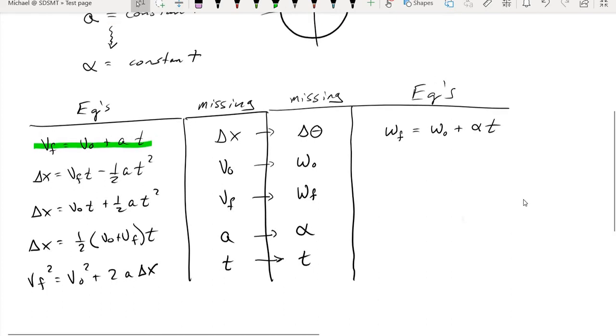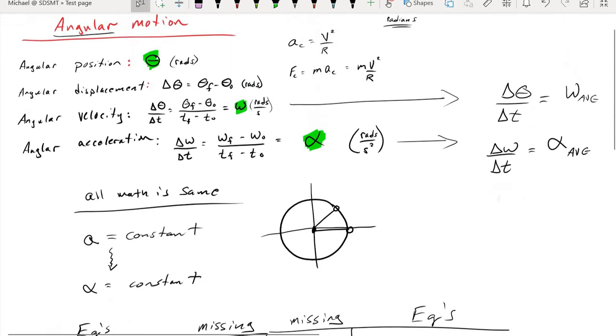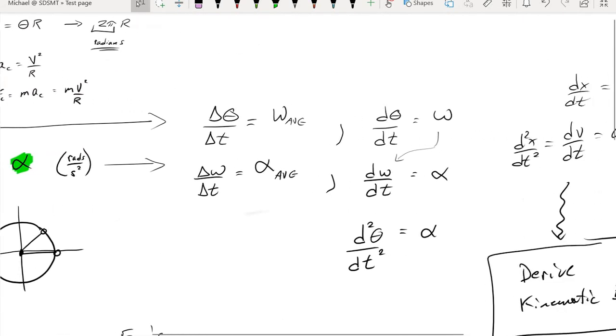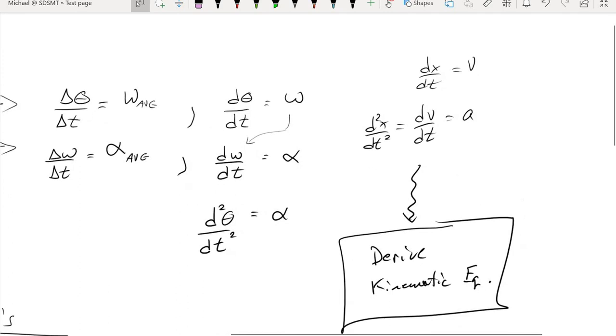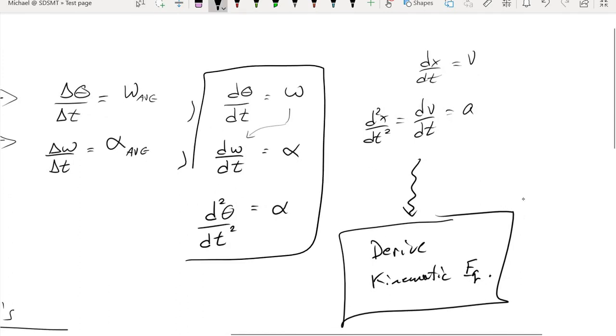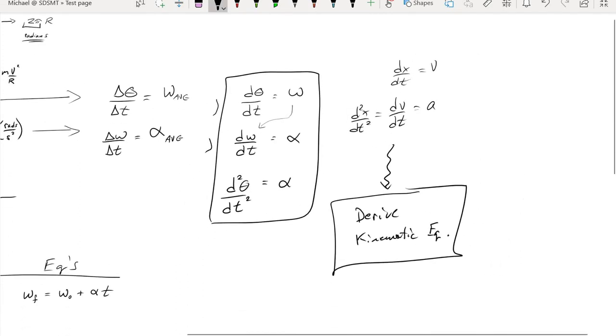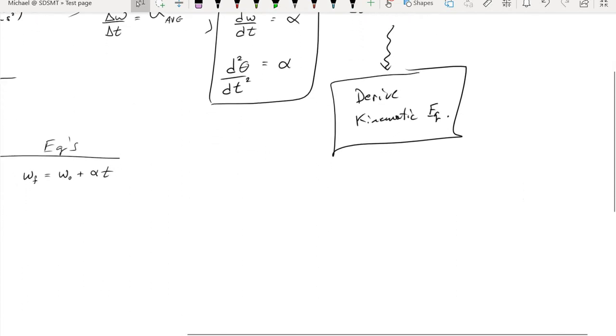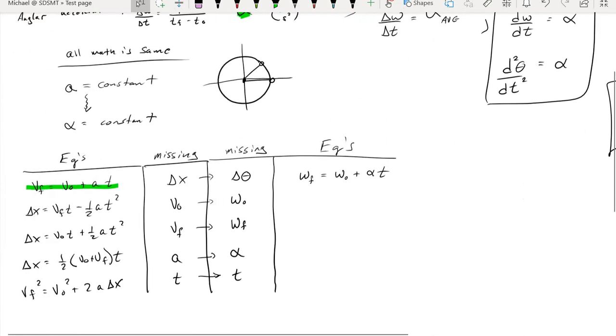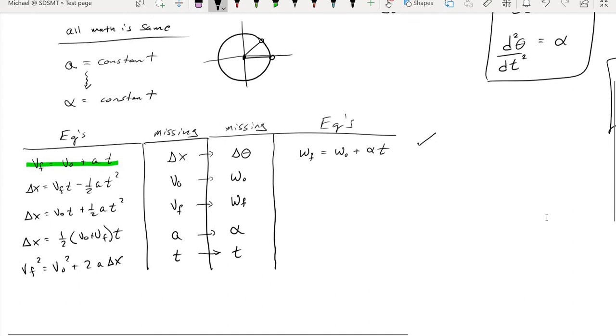And if you're not sure about that, you're more than welcome to take these calculus expressions and use them in the same way that we derived the linear kinematic equations, and you will see that this is in fact a true statement. But we can use the concepts of the math and the calculus and the physics to bypass all that stuff because we've already done it before.